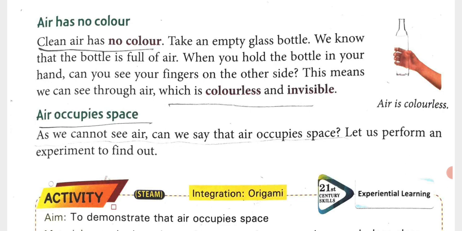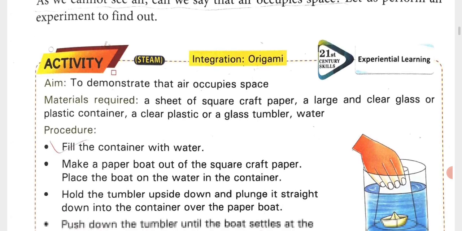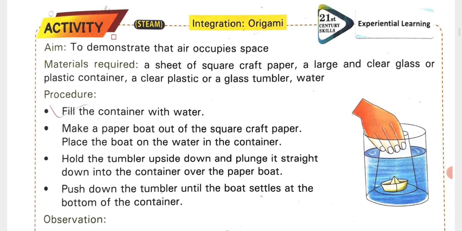Air occupies space. How can we show this? Let us do some activity. As we cannot see air, can we say that the air occupies space? Let us perform an experiment. Observe this experiment. There is one activity: a sheet of square craft paper, a large clear plastic container, and a clear glass tumbler.